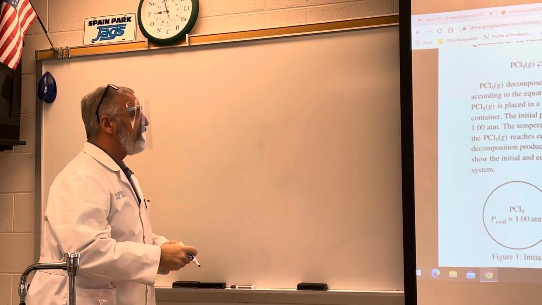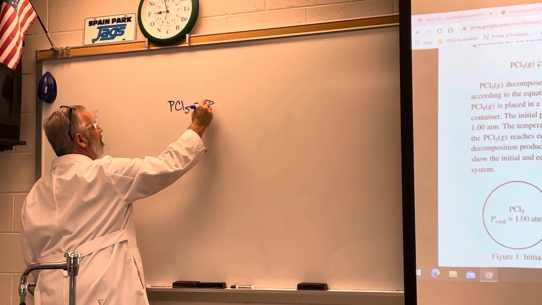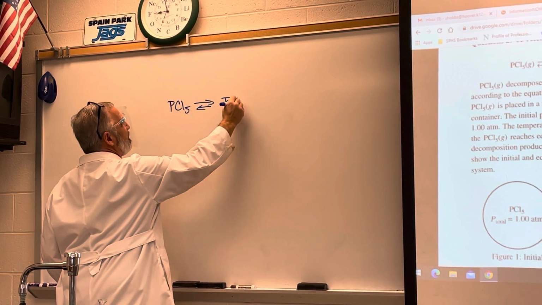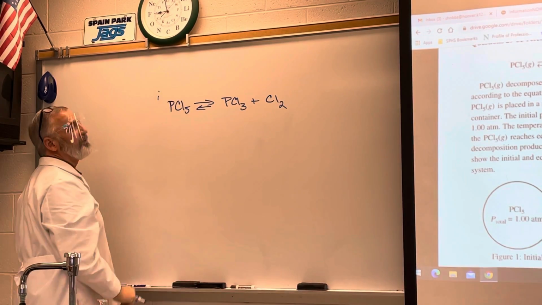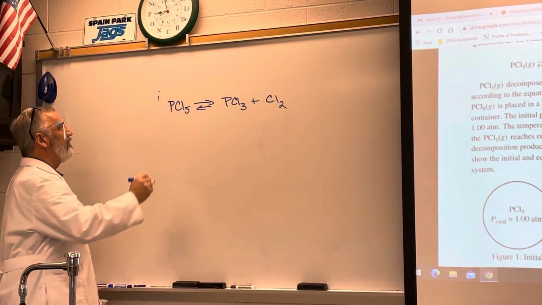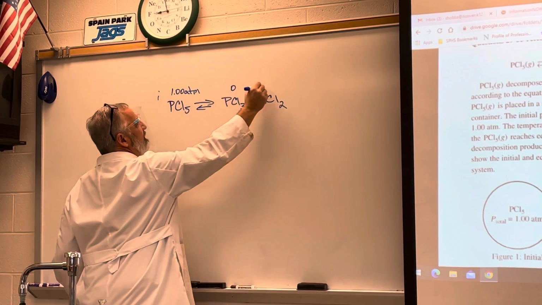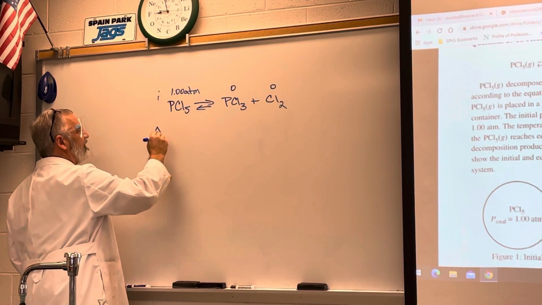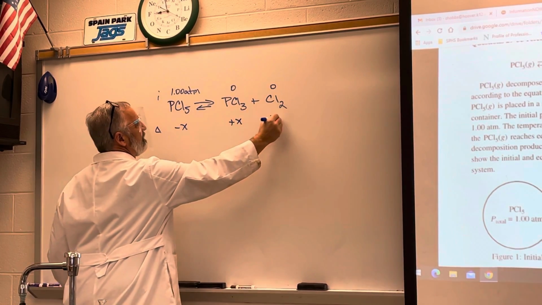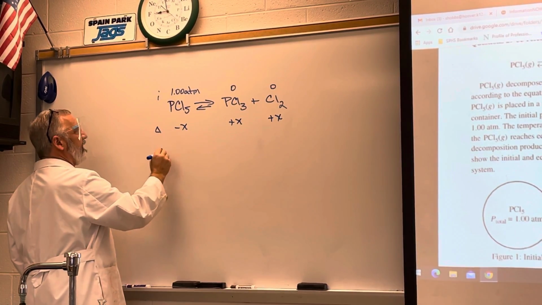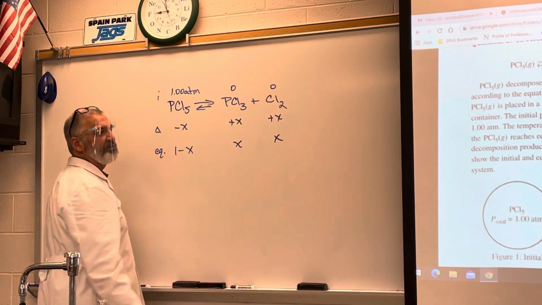Okay? So I know that PCl5 is going to PCl3 plus Cl2. I know my initial pressure is 1, 0, and 0. What's my change going to be? Minus x, plus x, plus x. So at equilibrium, I have 1 minus x, x, and x.